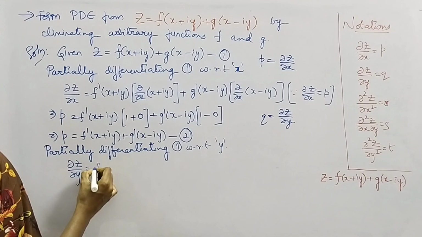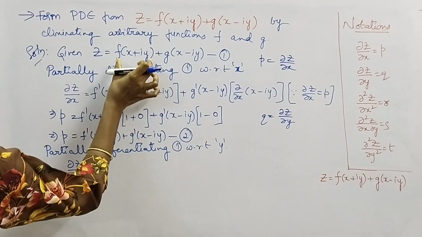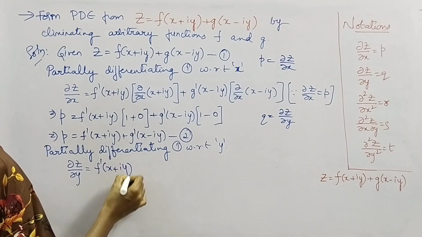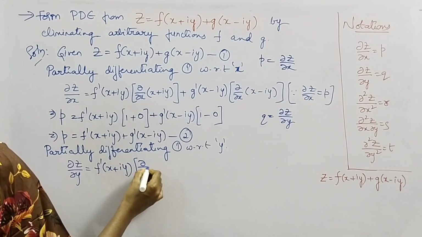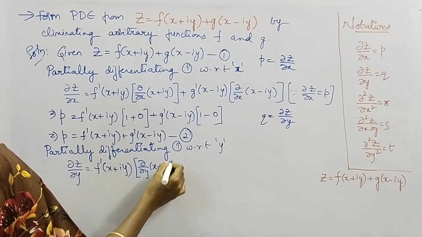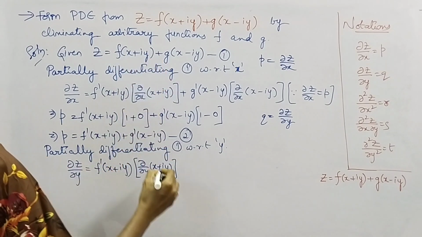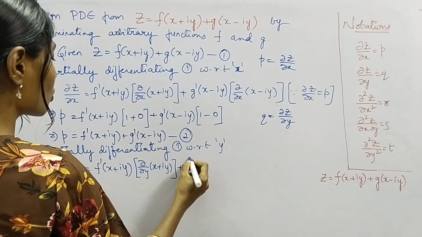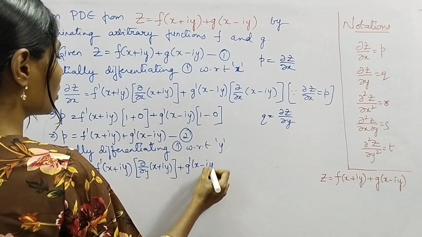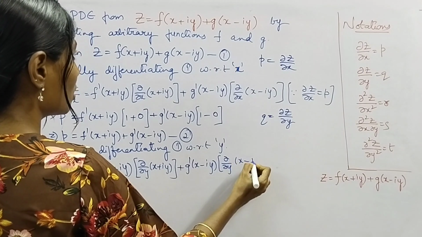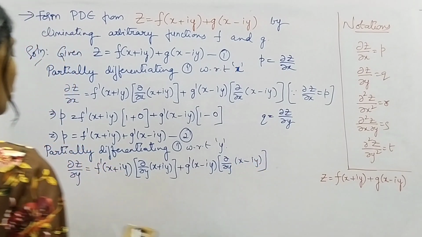This gives us f dash, the partial derivative of f of x plus iy is f dash of x plus iy into dou by dou y of the inner function x plus iy, plus the partial derivative of g of x minus iy is g dash of x minus iy into inner derivative dou by dou y of x minus iy, right?